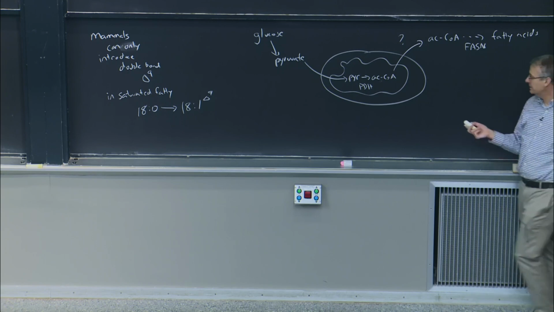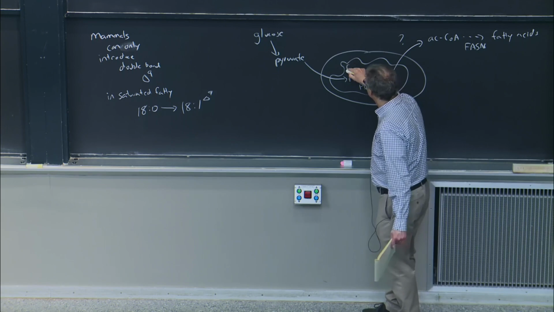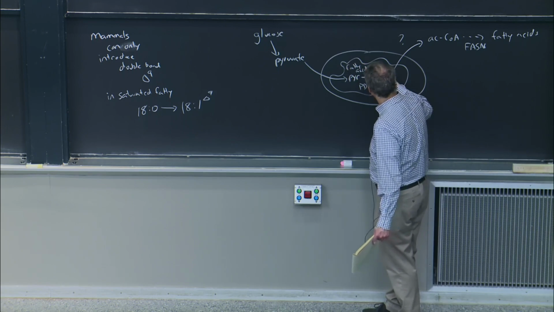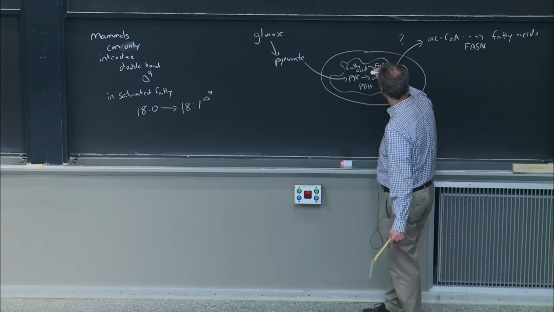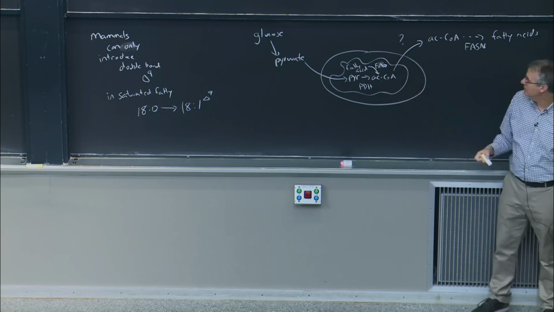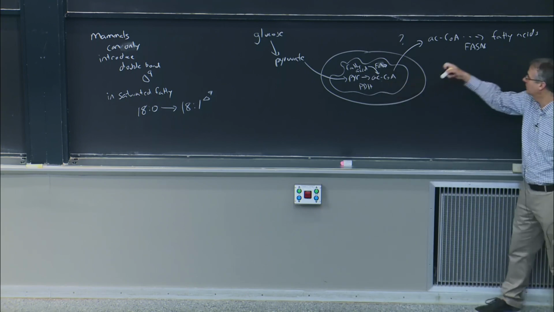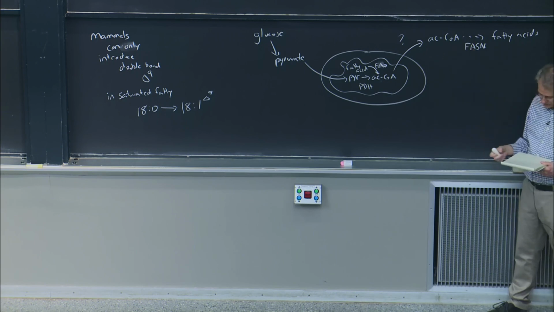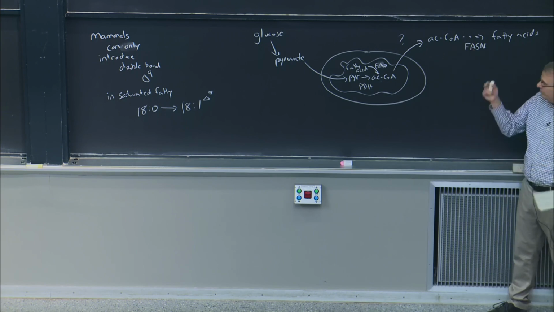The other big source of acetyl-CoA, remember, is if we start with a fatty acid in the mitochondria and run fatty acid oxidation. Again, fatty acid oxidation in the mitochondria generates acetyl-CoA in the mitochondria. If we're going to use it to rebuild a fatty acid, we need to get it out of the mitochondria into the cytosol.